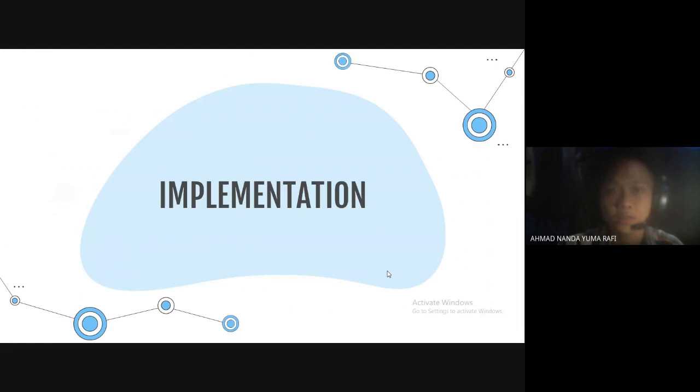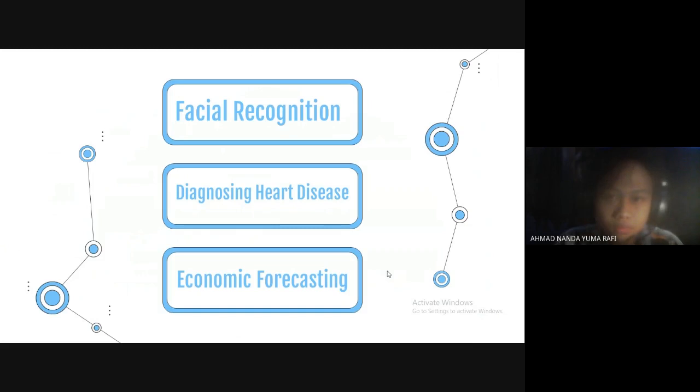And then the implementation of KNN in our life. The first is facial recognition. Mostly laptops and smartphones today have facial recognition as their security. The second is diagnosing heart disease. This is used to diagnose heart disease in patients.